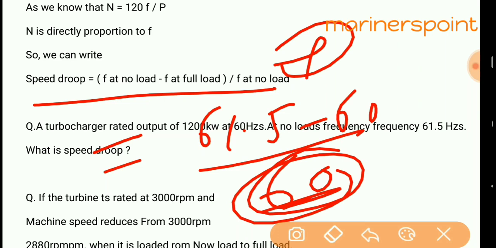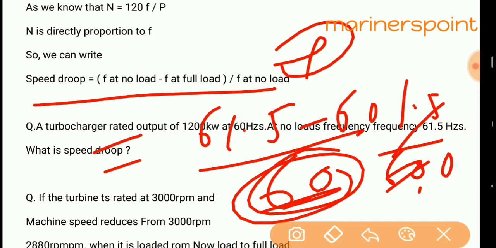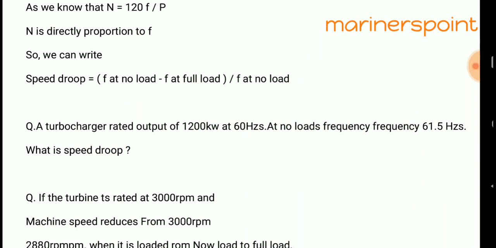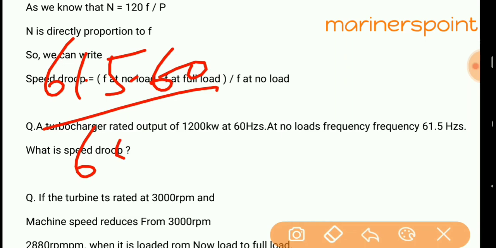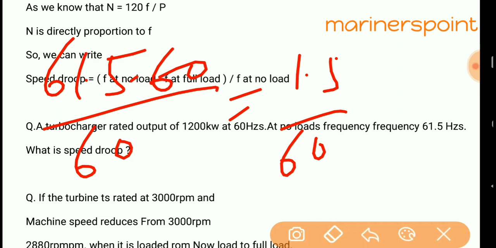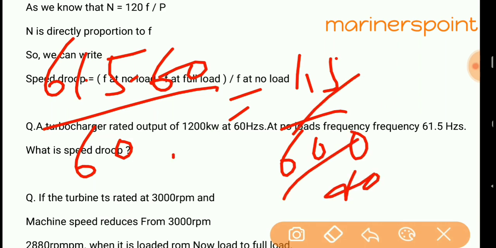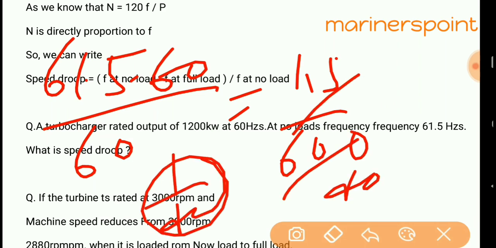Then what is your answer? 61.5 minus 60 divided by 60, that is 1.5 divided by 60. If it is asked in percentage, then multiply by 100. 1 by 40 is your speed droop. Okay, this is your answer.